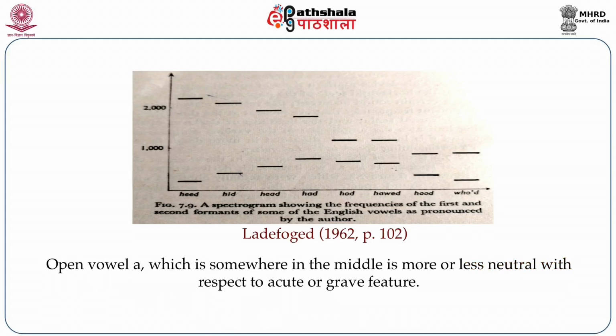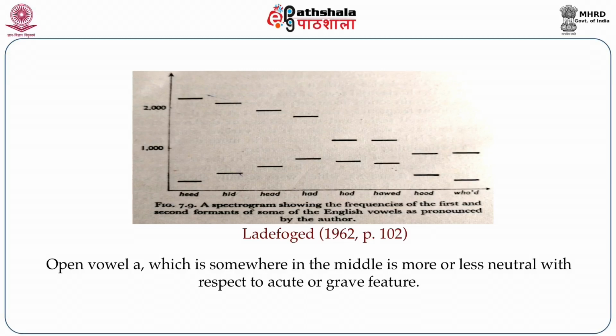Now back vowels also have energy concentration or formant distribution in the lower range of frequencies. The front vowels are going into very high frequencies. So another acoustic feature is grave and acute.